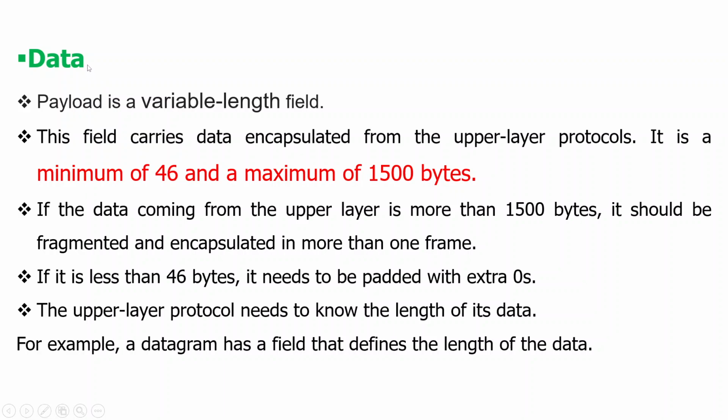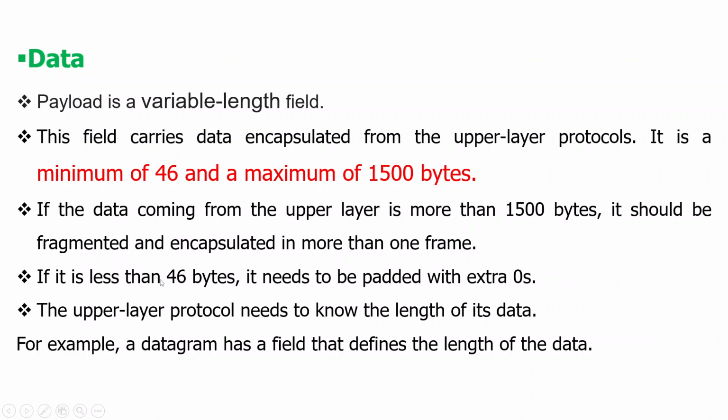Next, the payload field, that is data. Here the actual payload comes from the network layer. It is a variable length field. This field carries data encapsulated from the upper layer protocols. It is a minimum of 46 and a maximum of 1500 bytes. If the data from the upper layer is more than can be handled by this Ethernet frame, it should be fragmented and encapsulated in more than one frame.